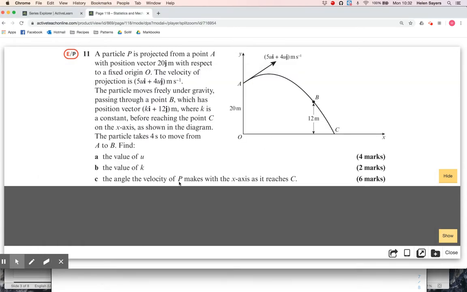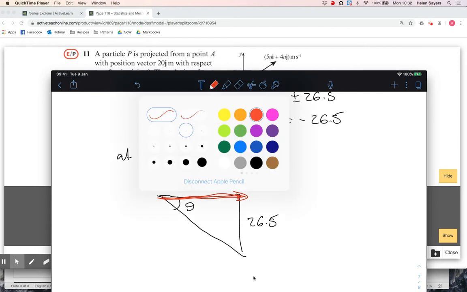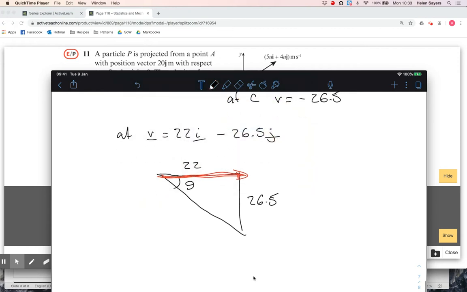But they were asking me about the angle P makes with the x-axis. It's traveling with a velocity of 22 to the right and 26.5 down. The x-axis is the horizontal axis like that, so it wants angle theta. That's not a problem.